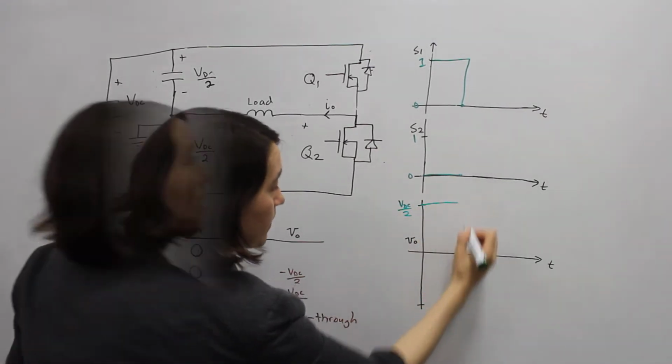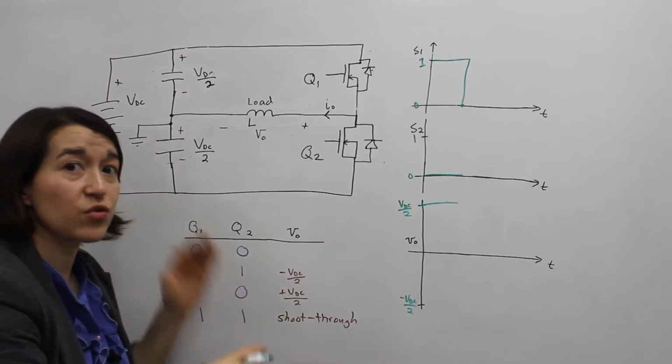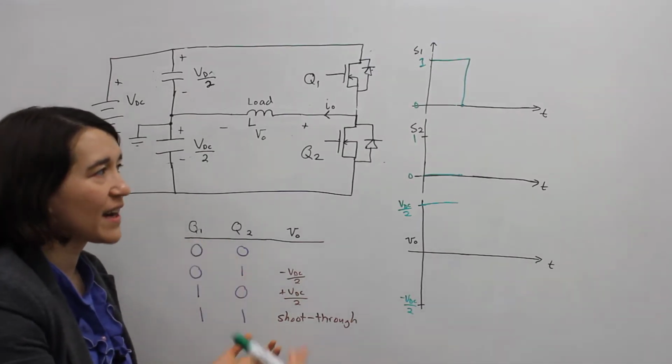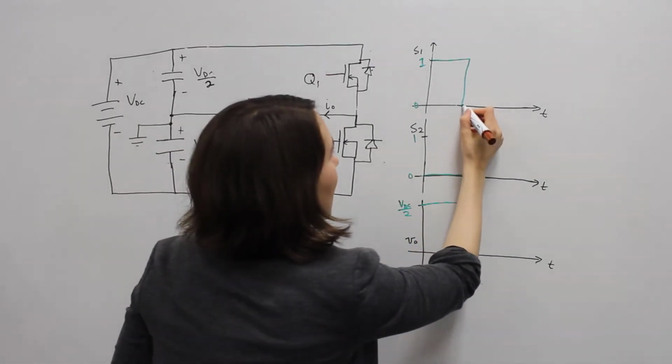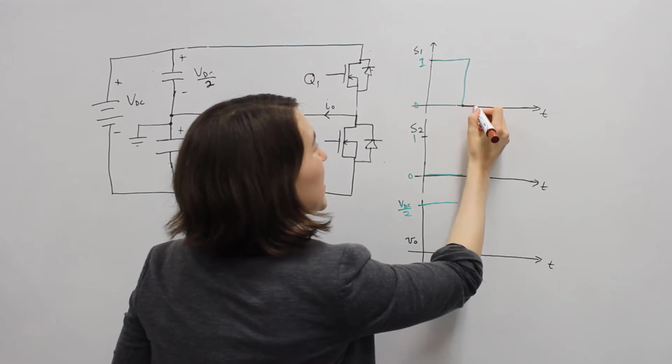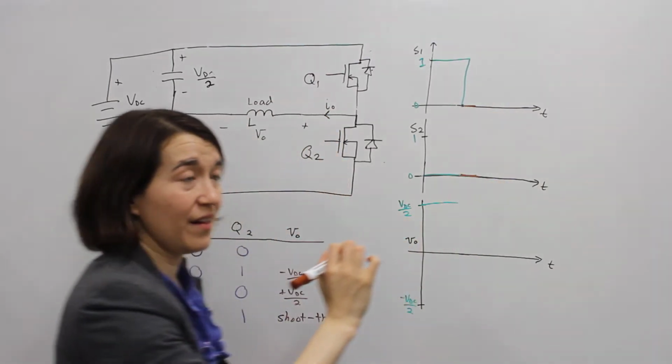Then we will want to switch between the two. But what we'll actually do is add some dead time, call this dead time, where S1 is off, and actually S2 is off as well.